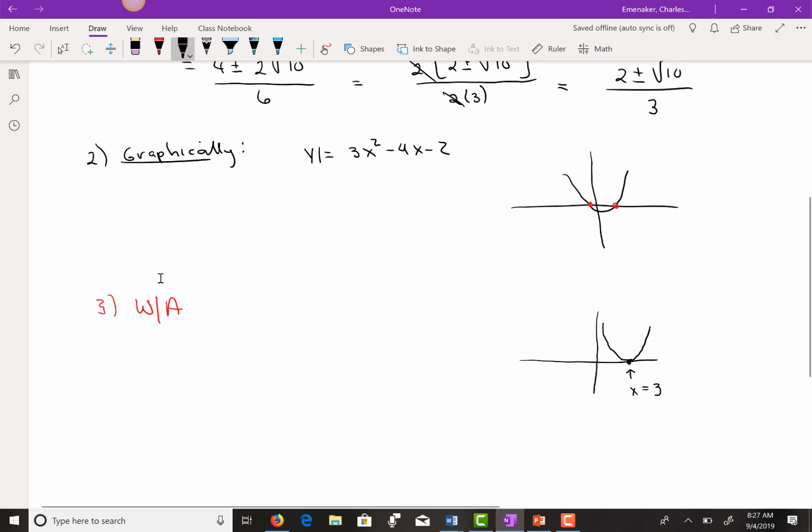Well, gosh, how could you get something like that? Well, that means that x minus 3 would be a factor, doesn't it? And the other factor would also be x minus 3. And you can FOIL that out, and ta-da, you've got it. x squared minus 6x plus 9. It's a double root. It gets that answer twice.